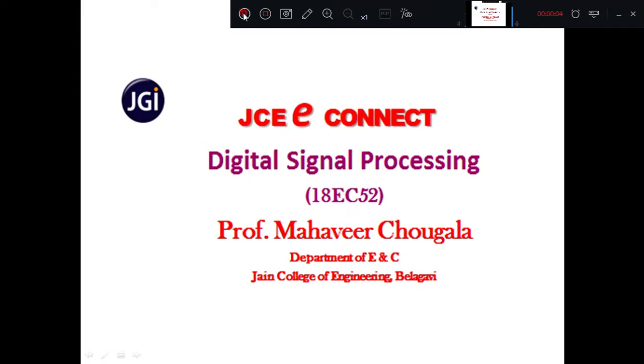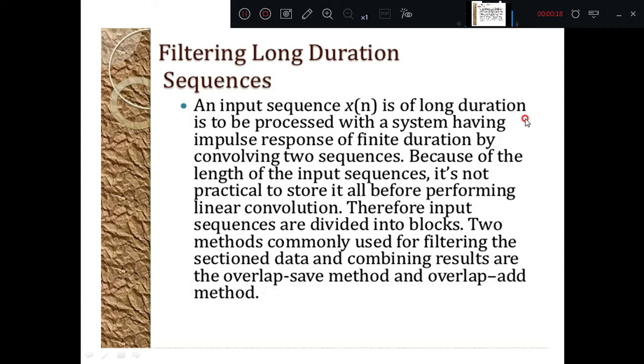Today we look forward into a new concept in module 2 in digital signal processing, that is the filtering of long data sequences. It is a continuation of the previous concept which we discussed about linear filtering using DFT.